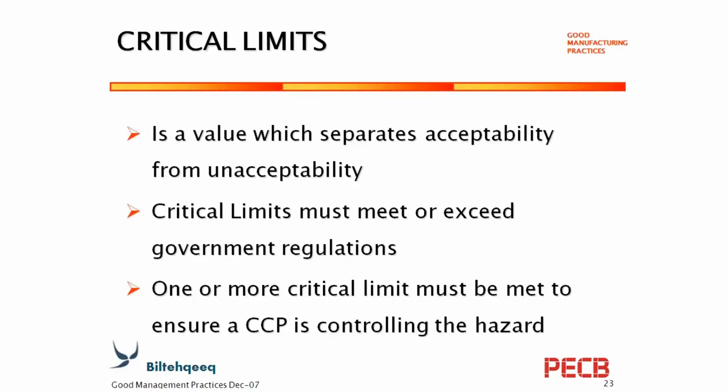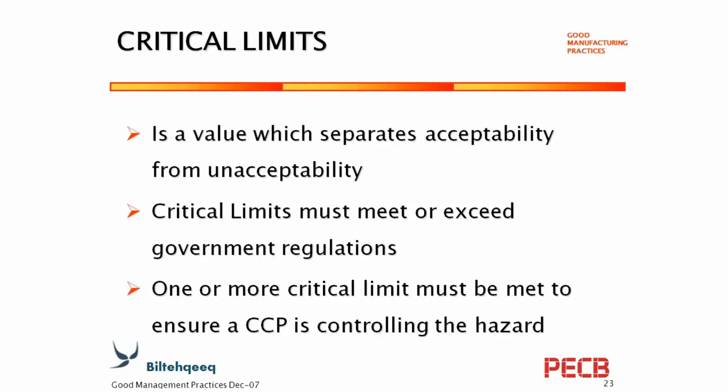Till now, what we have gone through, there are many practices. By applying these practices, we can maintain our food safety management system in a better way, and we can prevent the hazards which can destroy our quality management system. And we should also define the critical limits.